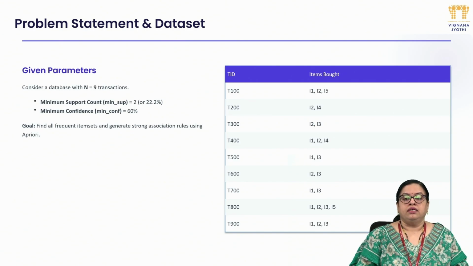The next transaction has I2, I4, then another two transactions. T300 is another transaction with items I2 and I3, like that. Suppose I1 is in transaction 100, then in transaction 400, then in transaction 500.